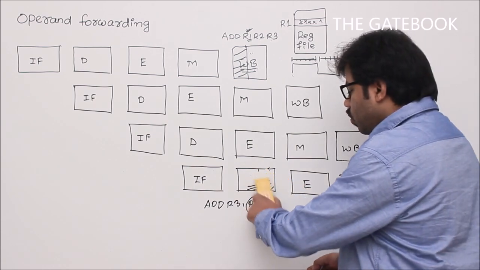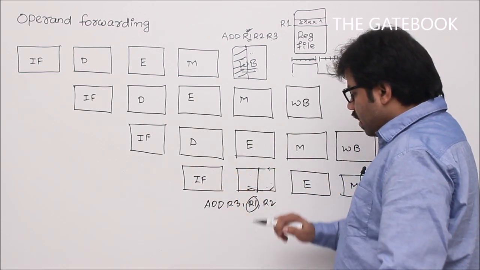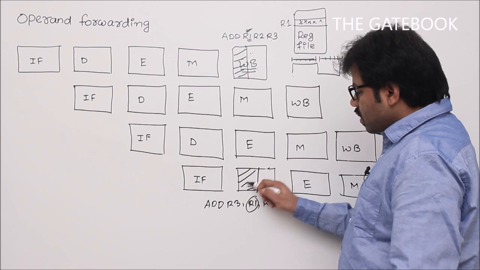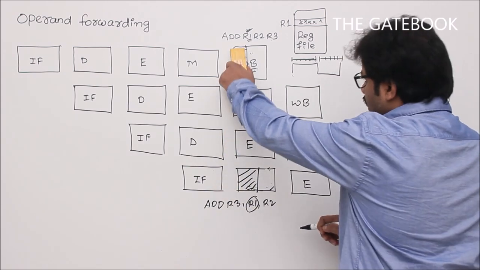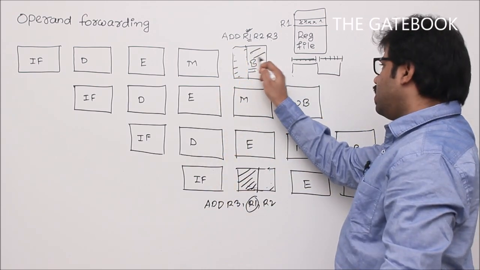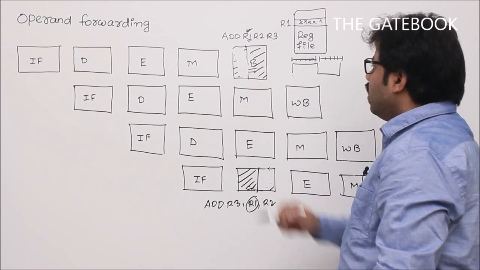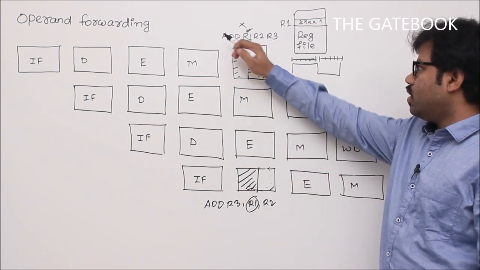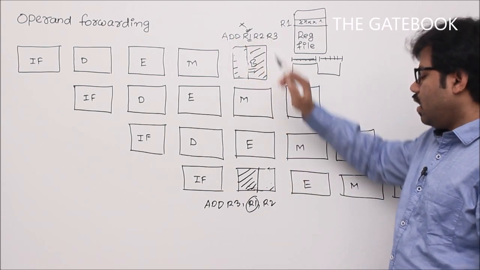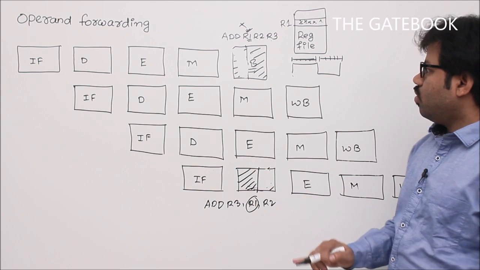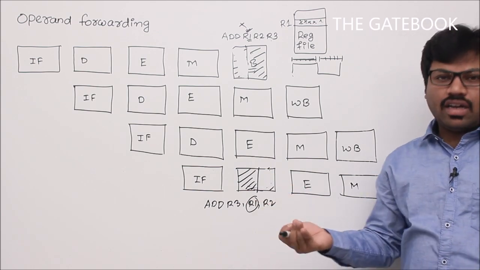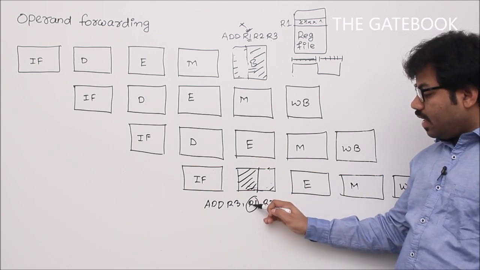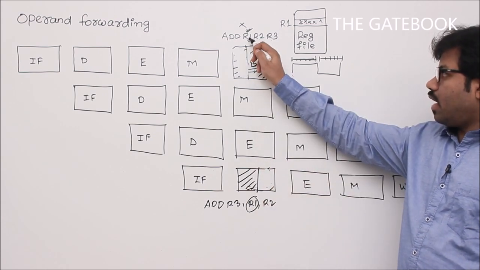But sir, why don't you do it like this: in the decode stage, in the first half you read, and in the write back stage, in the second half you write? If I do that, definitely you get the wrong answer. Consider these two instructions, add R1, R2, R3 and add R3, R1, R2. Tell me which one should occur first. Should we read the data first, or should we write the data first?